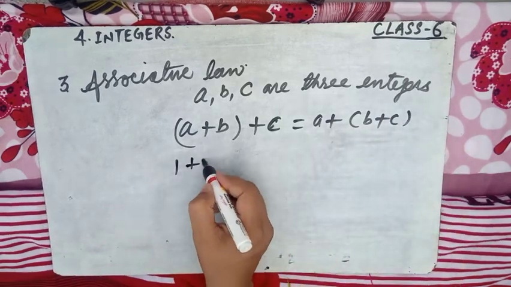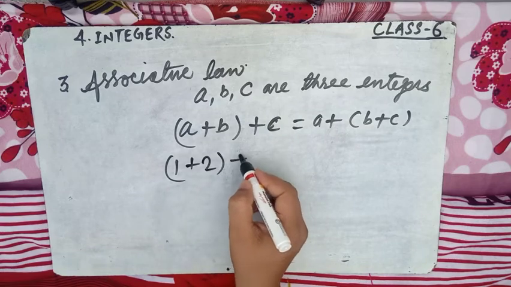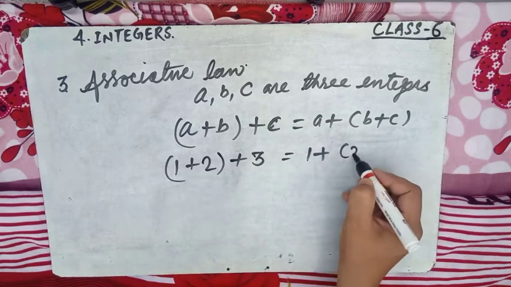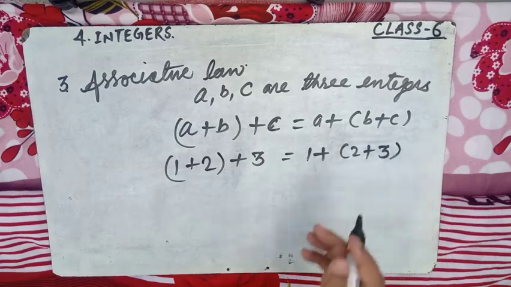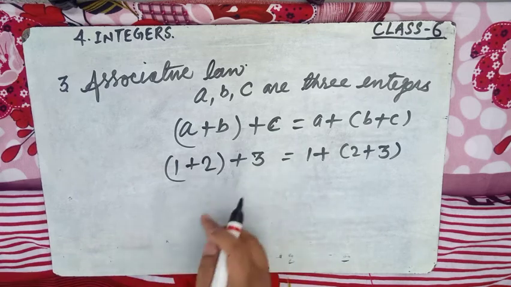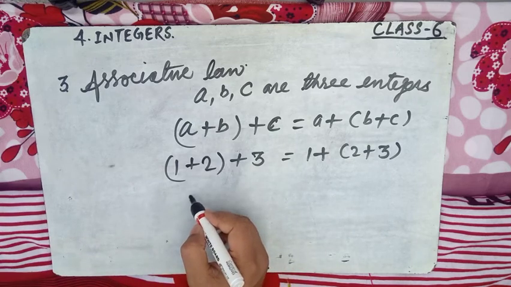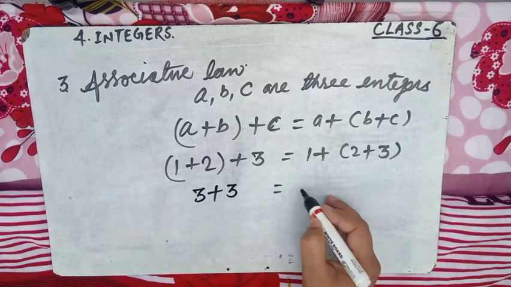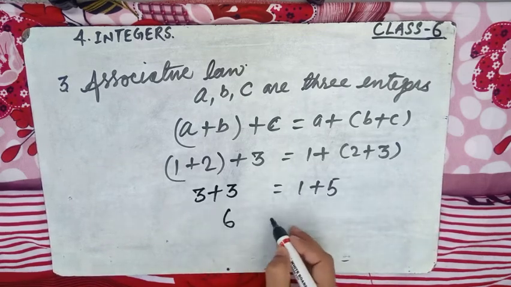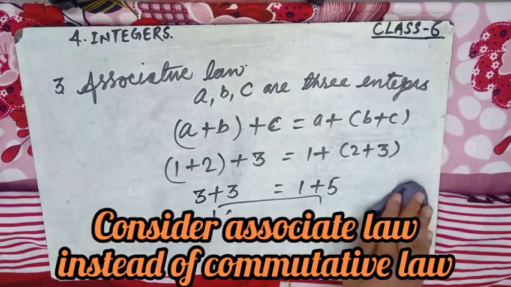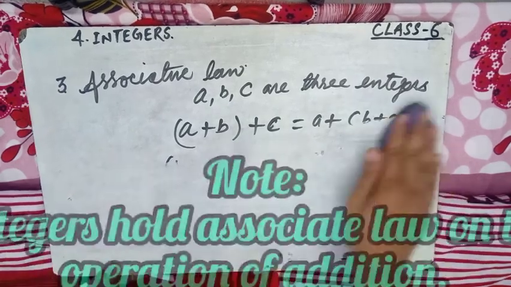Example, suppose 1 plus 2, plus 3. This is also equal to 1 plus, 2 plus 3 in brackets. This will hold for all integers, negative signs as well. Here the left side gives 3 plus 3 and the right side gives 1 plus 5. That means 6 is equal to 6. So left hand side is equal to right hand side. That means integers hold the associative law on the operation of addition. I hope you will understand.